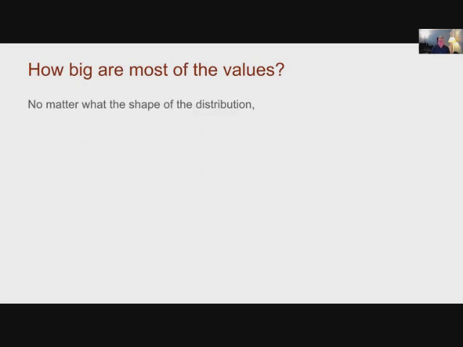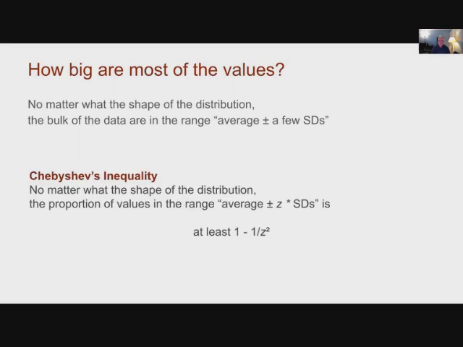Chebyshev's inequality gives us a bound on that. Regardless of the data, we can capture the notion that the data is going to be contained within a small number of standard deviations. If we look down here at this formula, it says at least one, which would be all of our data since we're talking about a percentage, minus 1 over z squared.